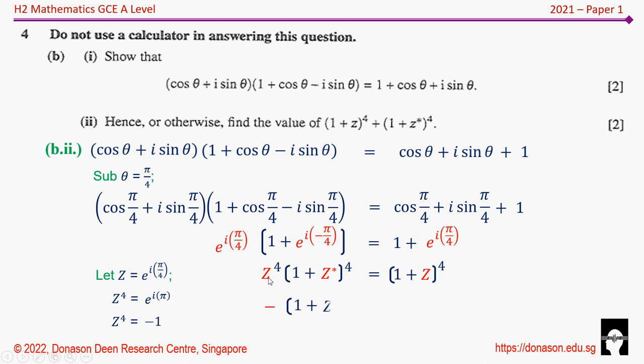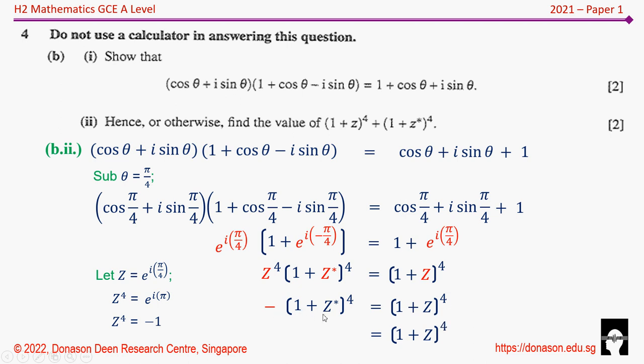So if I replace it with minus 1, this simply becomes minus 1 plus conjugate of z to the power of 4 equals 1 plus z to the power of 4. I'm quite sure that you can see what is logically the next step. Throw this over to the right hand side and you would find out the value. So I have the 1 plus z to the power of 4.